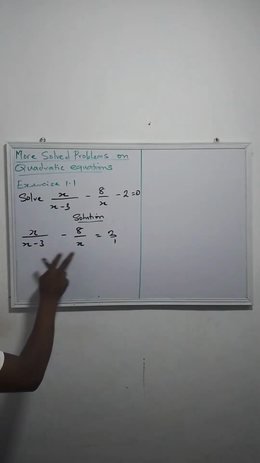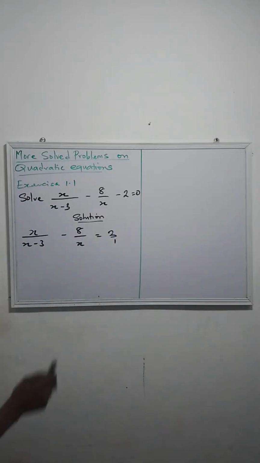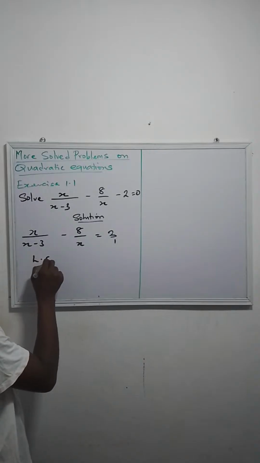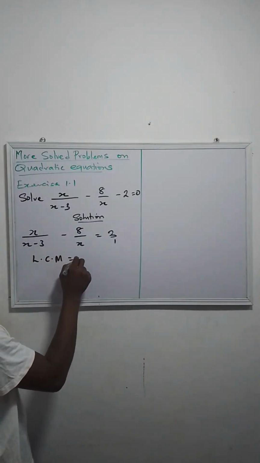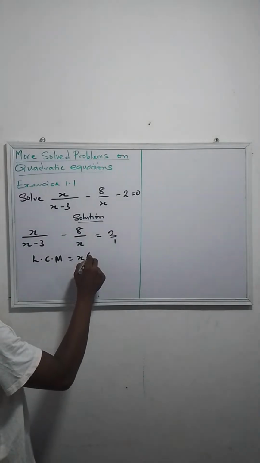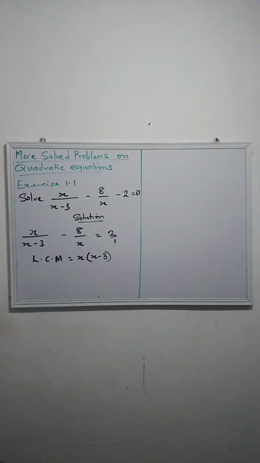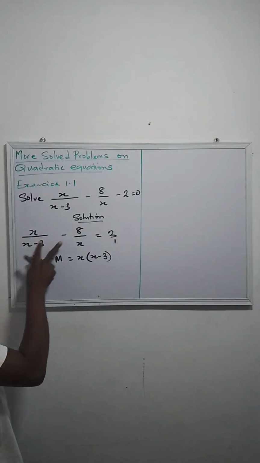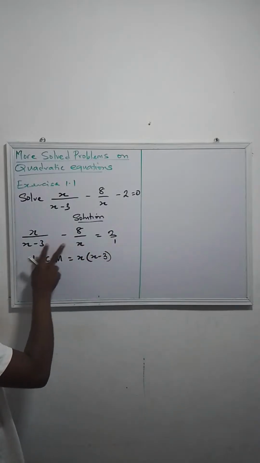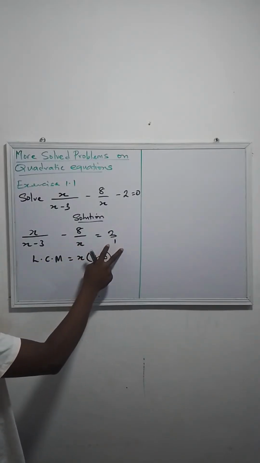That's going to be the LCM of the denominators. So the LCM is x times x minus 3. All right. Now the next thing is to multiply each of these terms by the LCM of the denominator.